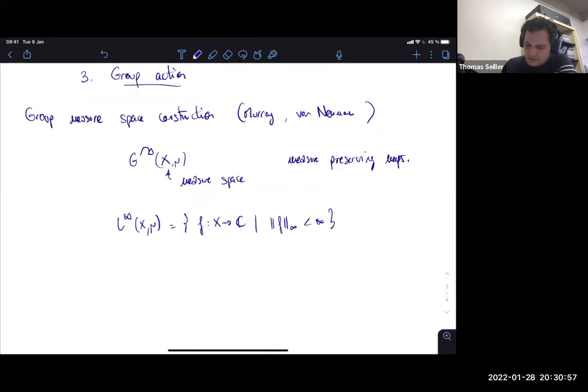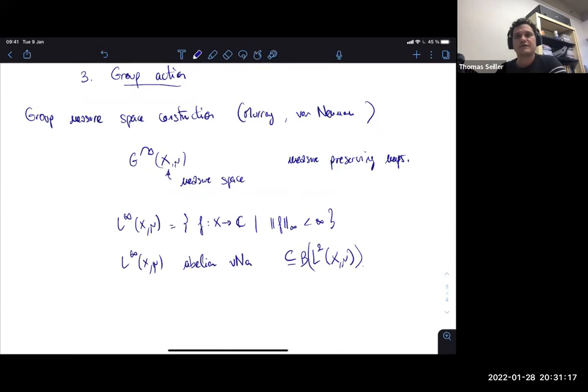And this can be seen as a von Neumann algebra. So it's an abelian von Neumann algebra because you can see it as a subspace of B of L2 of X. Basically, you take the function and you just multiply with this element of L infinity, and since the norm is bounded, then the operator you get is bounded also, right?